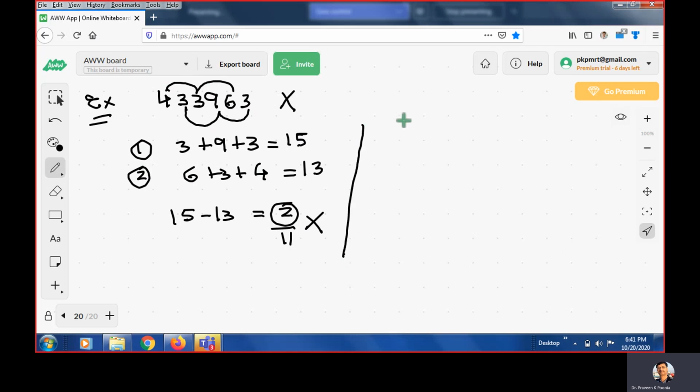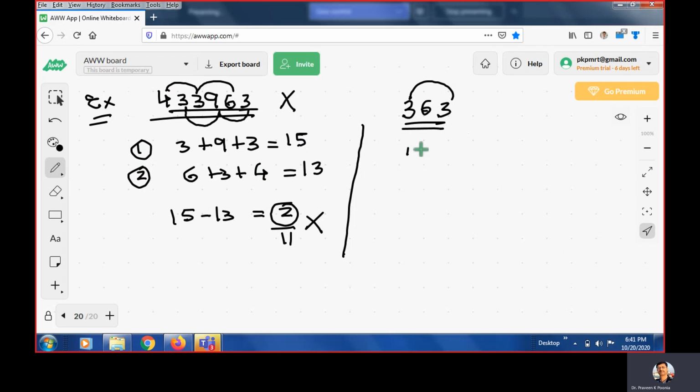Let us take another number like 3, 6, 3. Clear? This is another example. One example is this one, another example this one. So look here. This is odd place, even place only one number.